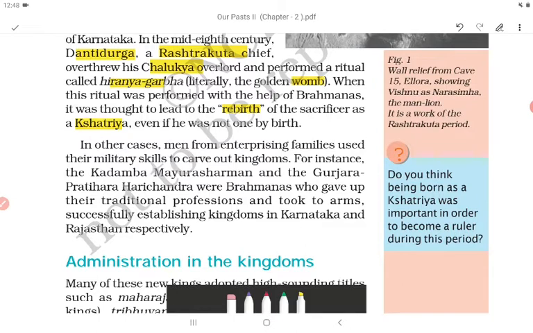For instance, the Kadamba Mayurasharman and the Gurjara Pratihara Harichandra were Brahmanas who gave up their traditional professions and took to arms, successfully establishing kingdoms in Karnataka and Rajasthan respectively. Do you think being born as Kshatriya was important in order to become a ruler during this period?